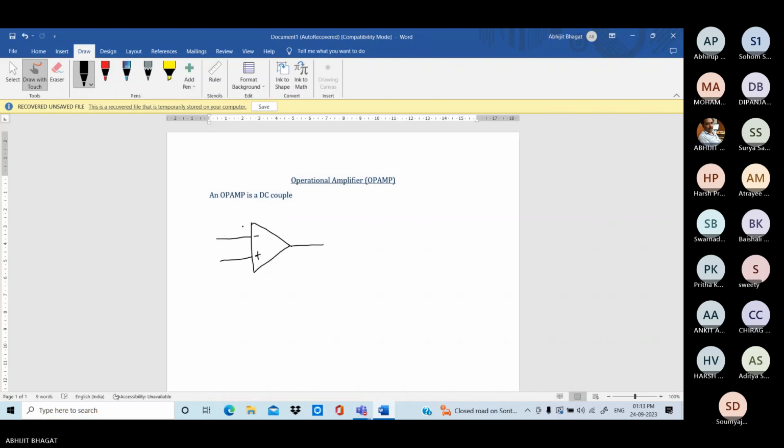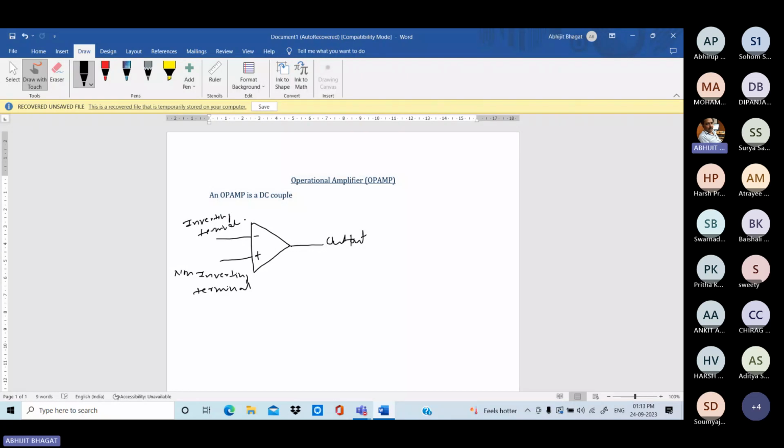Here, this negative labeled terminal is called the inverting terminal, and the other one is called the non-inverting terminal. Okay, this is the output terminal.